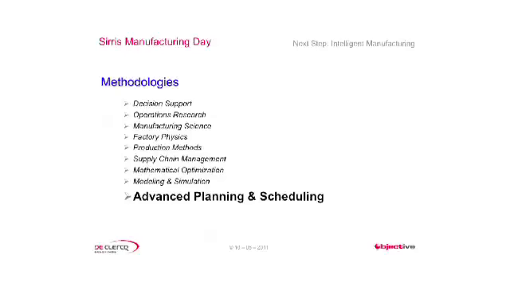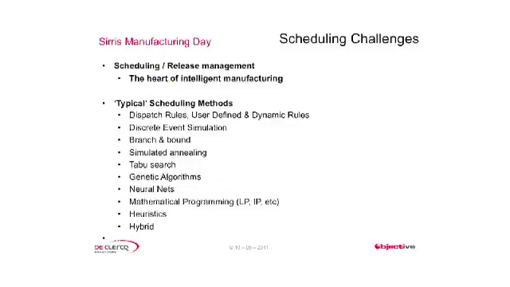Today we wanted to focus on advanced planning and scheduling and how it interacts with these new systems, where Mark already indicated that the typical scheduling and release management is handling a push system, not a pull system. That's why typical scheduling methods don't really do their thing.